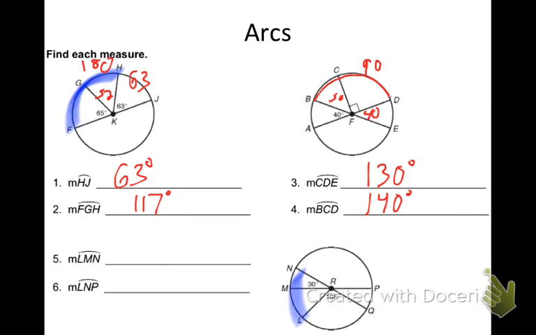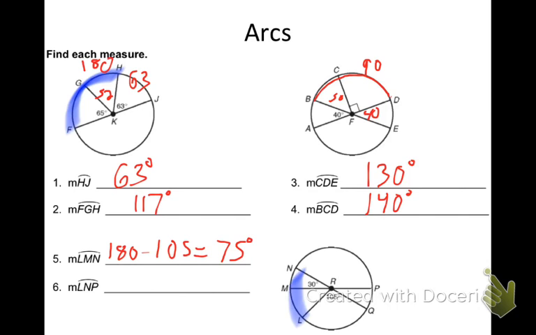Minus what? Yeah, because this right here is a diameter, so that's 180. So I take 180 minus 105, and what do you get then, Nick? Yeah. You get 75 degrees. Nice job.